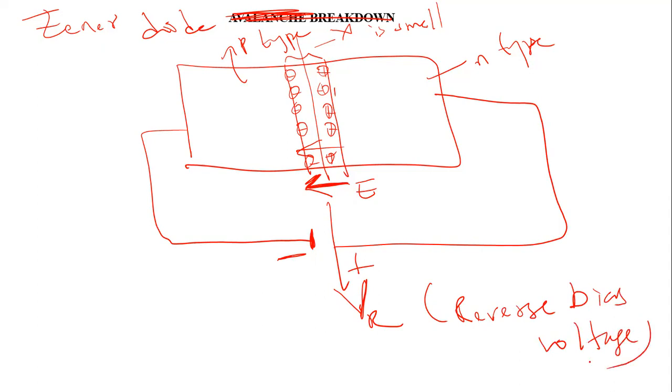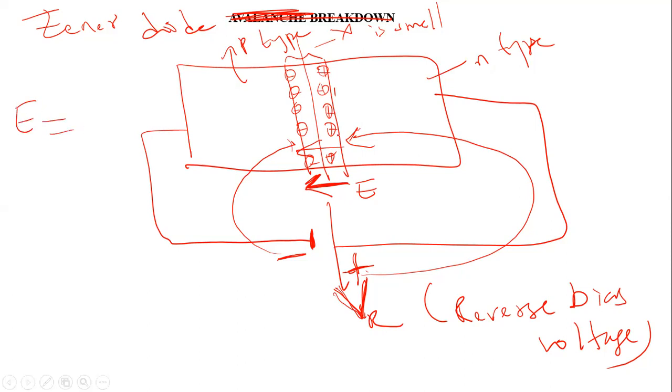So if you connect like this, you are supplying additional positive potential to this and additional negative potential to this. So the addition of this VR will further result in an increase of electric field. So your net electric field across this p-n junction diode under reverse bias will be the original barrier potential plus the reverse voltage VR you are connecting, upon X.